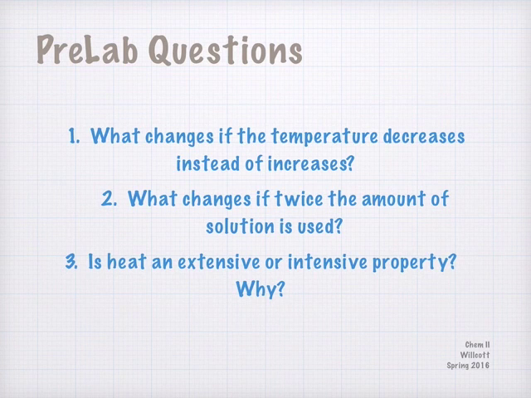That's what we use in the formula. You often measure solutions in volume, but they can also be measured in mass. And then the third question to think about: is heat an extensive or intensive property? Here you may need to go back and look at a definition. What's extensive, what's intensive? And then think about which one heat would be.